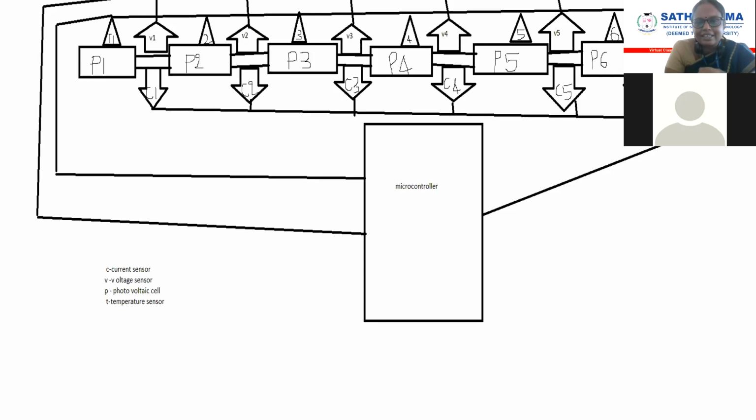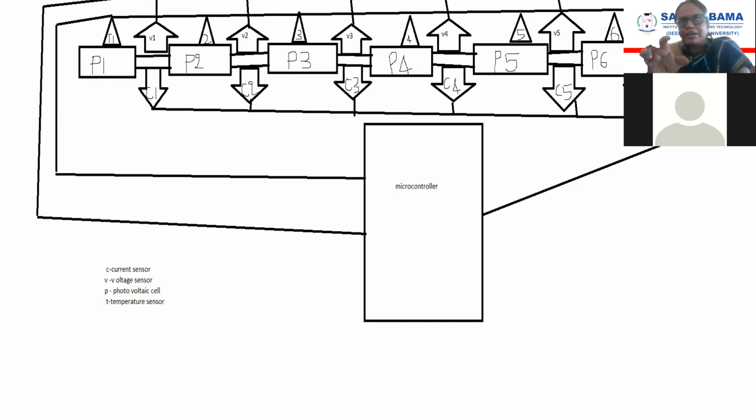Actually, it is good, but you need not do it in real time. You can show all these things in your simulation itself. Okay, ma'am. But for solar panel compatibility with a microcontroller, we don't have software for that. Is that correct or not?